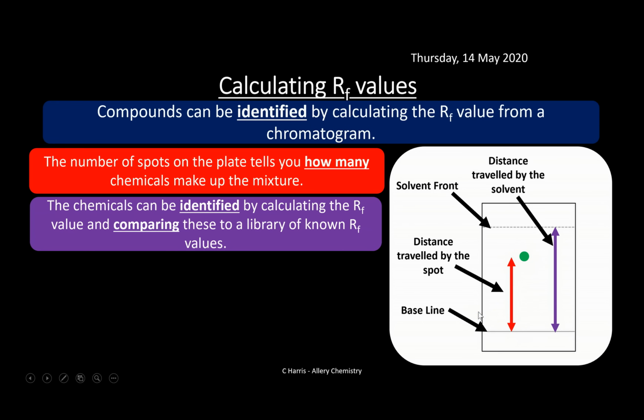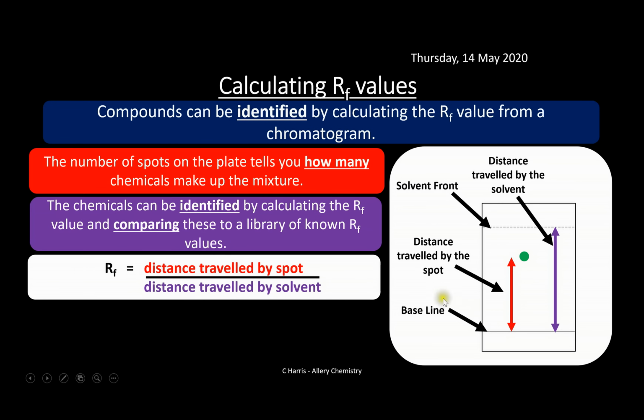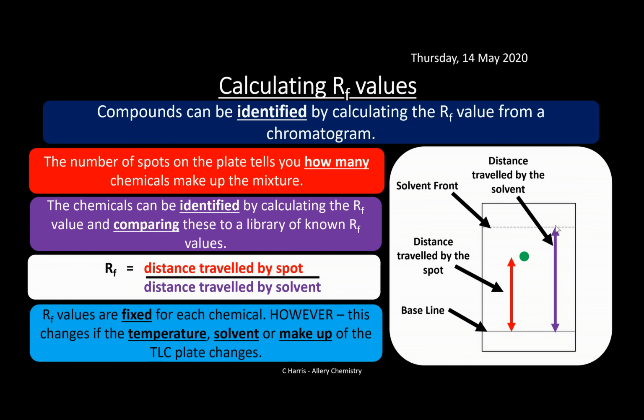Basically what we're doing to work out the RF value is we do the distance travelled by the spot, which goes up here, divided by the distance travelled by the solvent, which is this bit here. Okay, we divide them and we get an RF value. And for that RF value we compare it with a known library of RF values, and that can help us to identify what the compound is depending on what the RF value is.